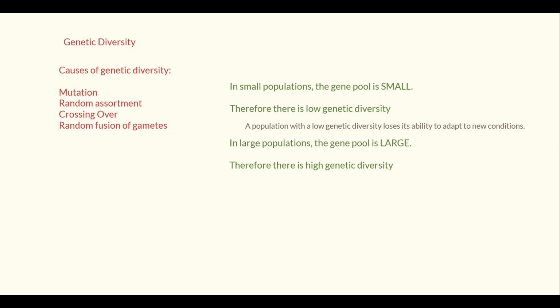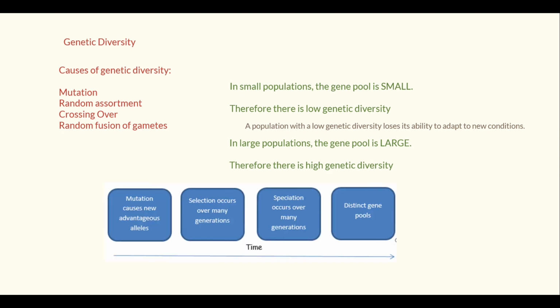So how this topic links together is the idea that a mutation can cause this advantageous allele, and this is more likely the higher the genetic diversity within the population. So once we have an advantageous allele, selection can occur, and once selection occurs, speciation may occur, which can lead to distinct gene pools, and essentially a new species being generated.